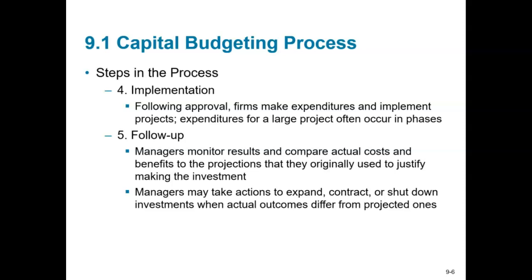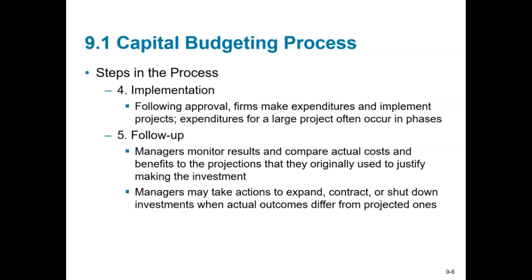As a part of follow-up, as the fifth step, managers may take actions to expand, contract, or shut down investments when actual outcomes differ from projected ones. So the capital budgeting process is a 5-step process. It does not necessarily proceed in a strictly linear way, but could go up and down depending on how you tackle the situations.